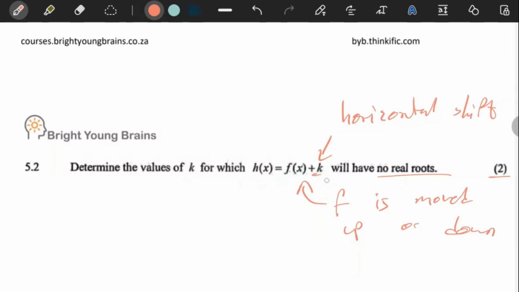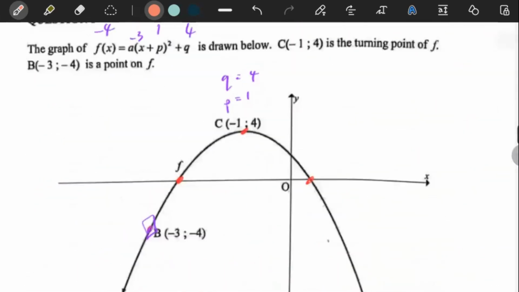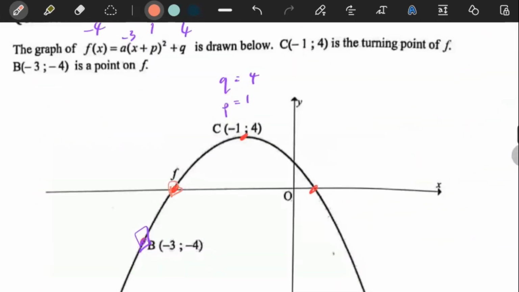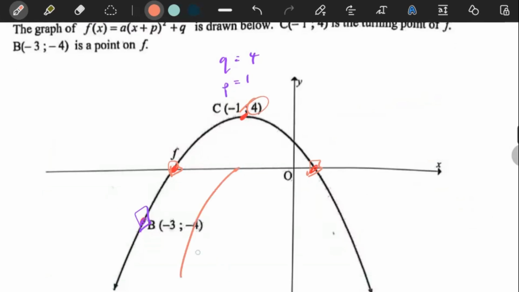However, how many units up or down does it need to be moved so that it has no x-intercepts? You see, because roots are intercepts. So there's an x-intercept there and x-intercept there. The only way it will not have any roots is if it's moved more than 4 units downwards. Because the moment it's moved exactly 4 units downwards, this is what the graph will look like. But the moment you move it more than 4 units downwards, it will not have any roots.